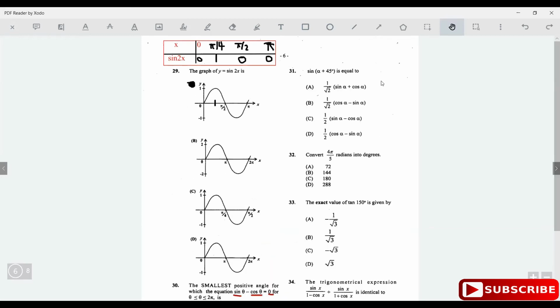Moving right along. Now this right here asks you to expand the sine of alpha plus 45.